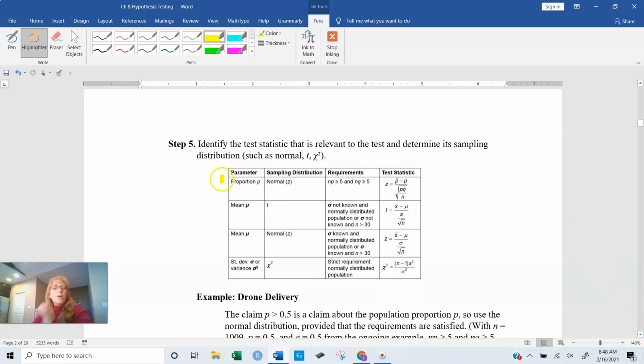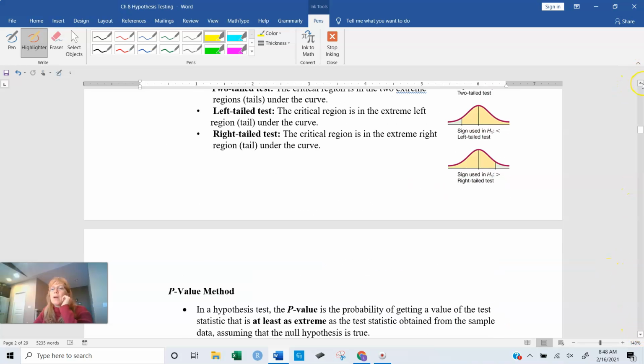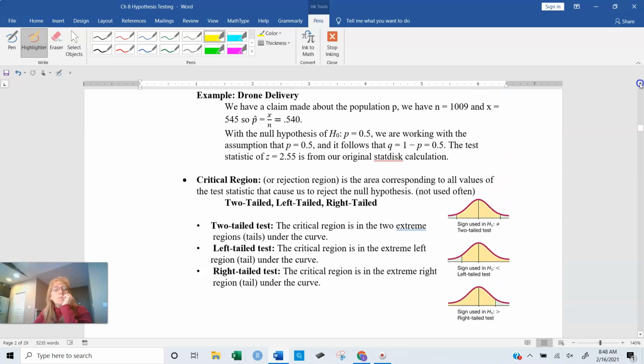So are we talking about a proportion, which is a z-score, a mean, which is our t, or our standard deviation, which is our chi-squared? We don't think we ever have one where we know the standard deviation, so it's usually one of these. Now when we go through, we're going to use StatDisk to actually calculate these. We just have to know which one we're actually using. Here we go. All right, drone deliveries.